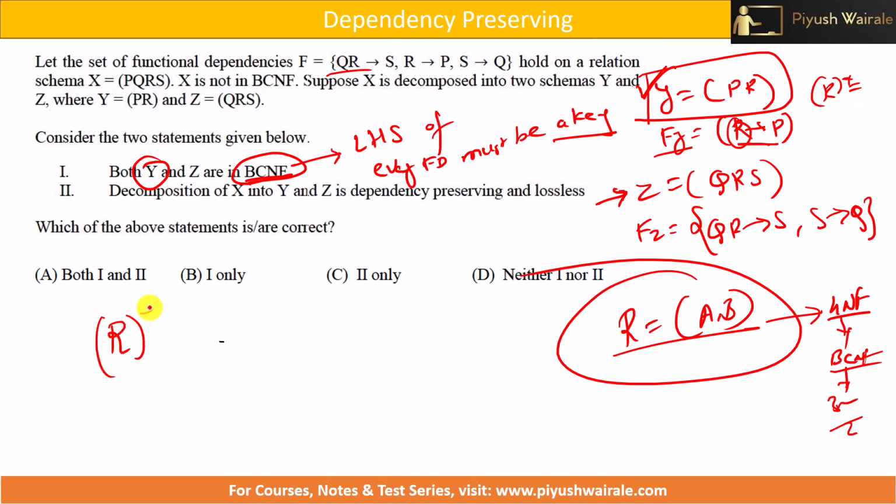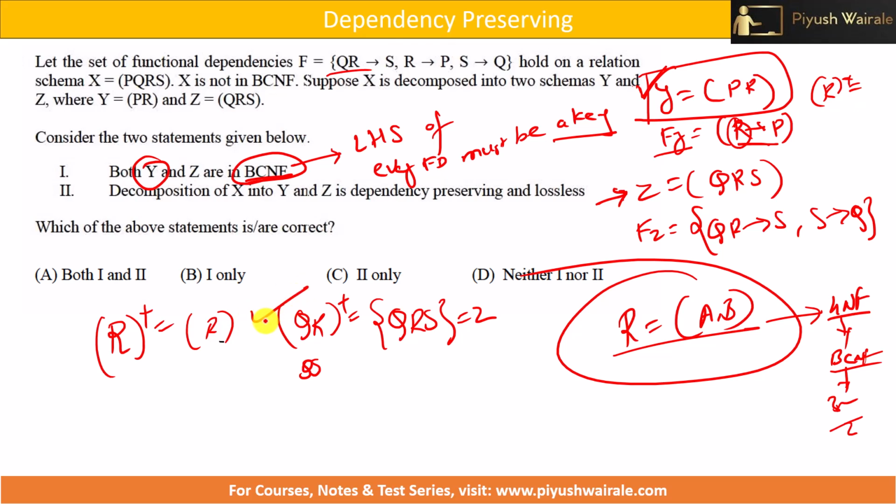If I take the closure of R based on FZ, what am I going to get? R only. So R is not a key. So I have to take a combination of R with the remaining attributes, that is QR and RS. If I take QR, will I get all the attributes? Yes, because from QR I am going to get S. That equals Z. So QR is a key.